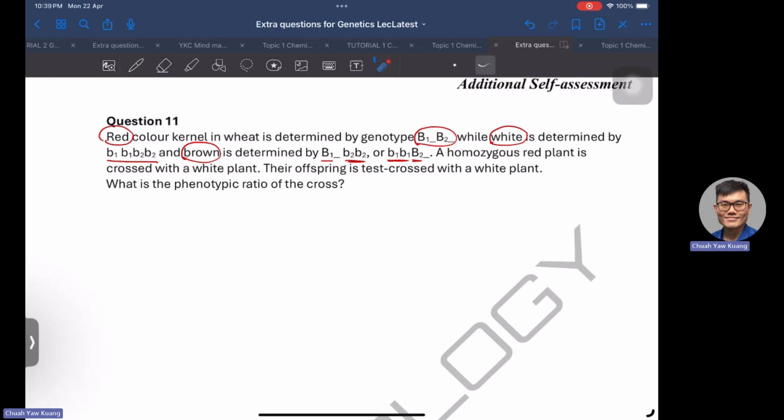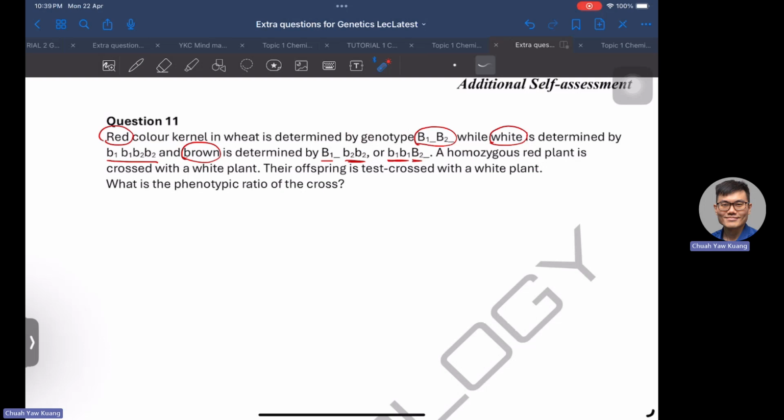For brown color, the existence of one B1 will affect the recessive B2, and the existence of the dominant B2 gene will affect the B1 gene. So these B1 and B2 genes seem to be affecting each other.